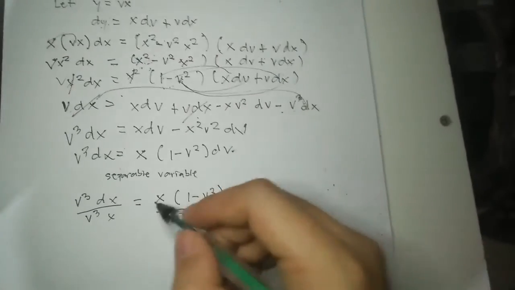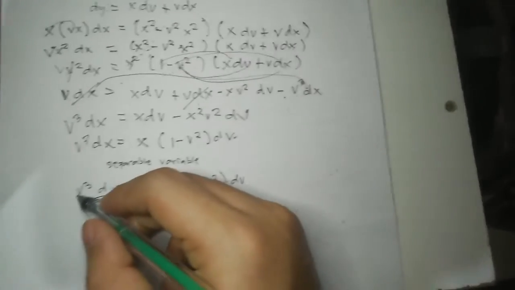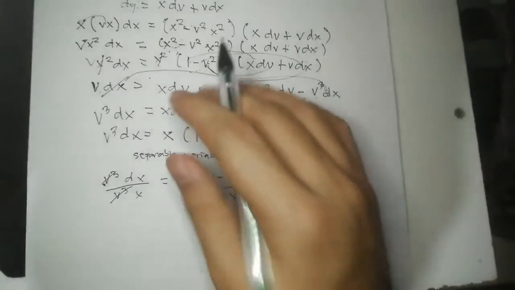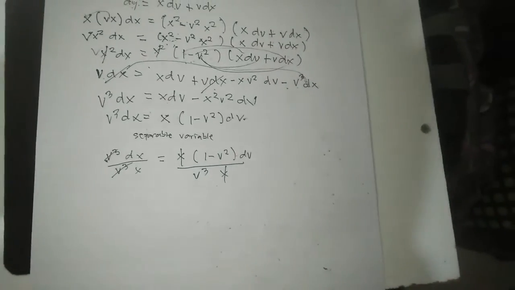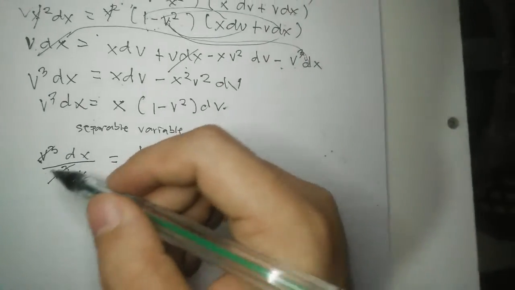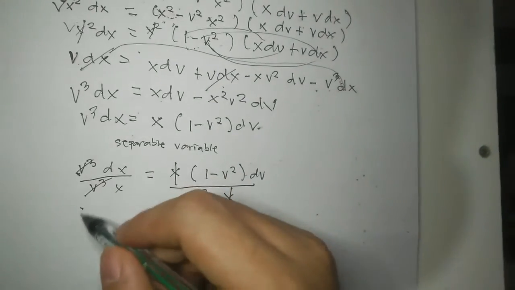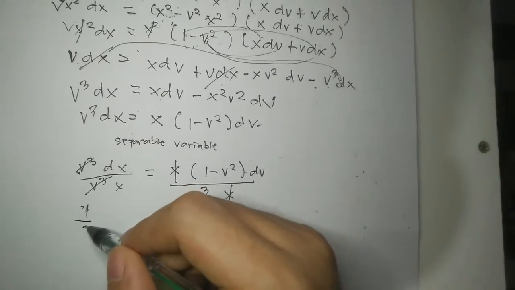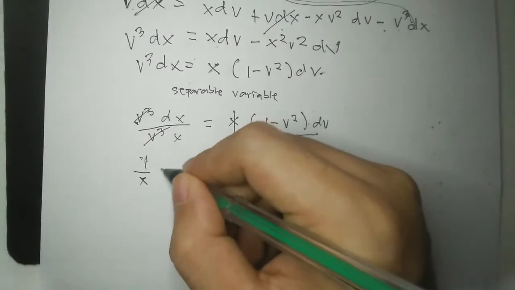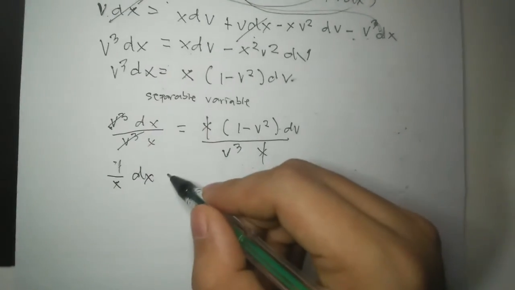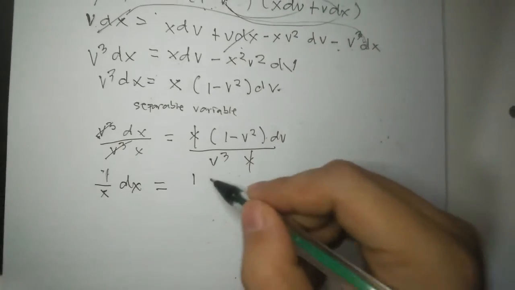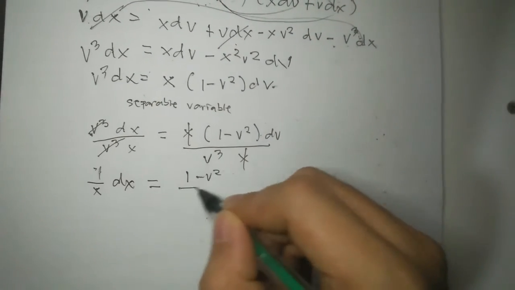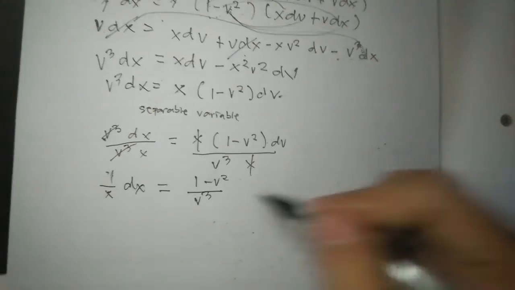So x will be cancelled and v cube will be cancelled, so it remains as dx over x, or we just simply write it as 1 over x dx, equal to 1 minus v squared over v cubed dv.